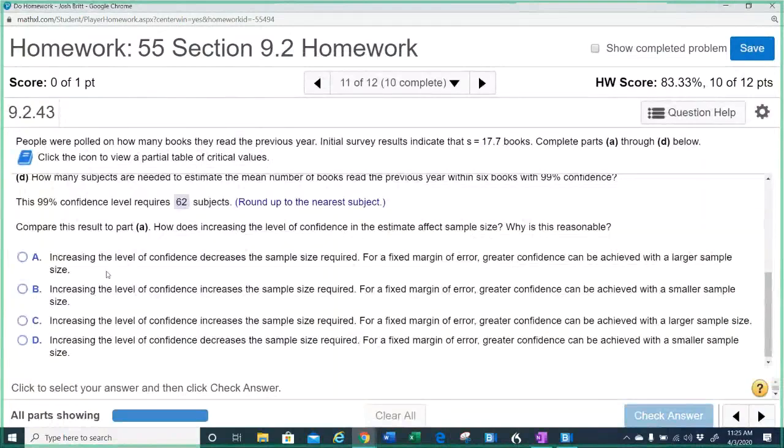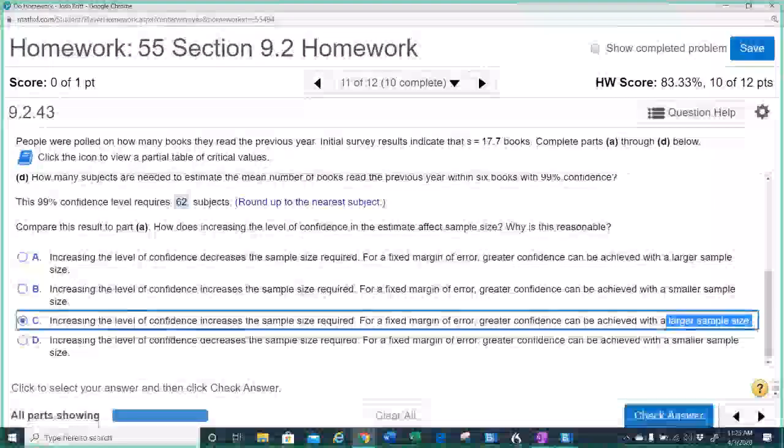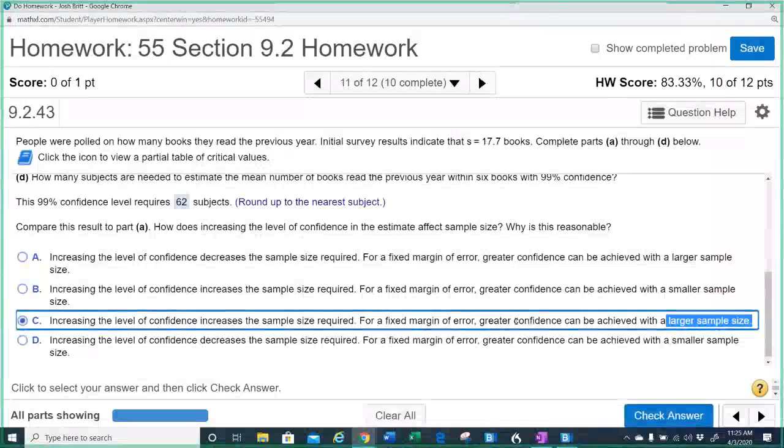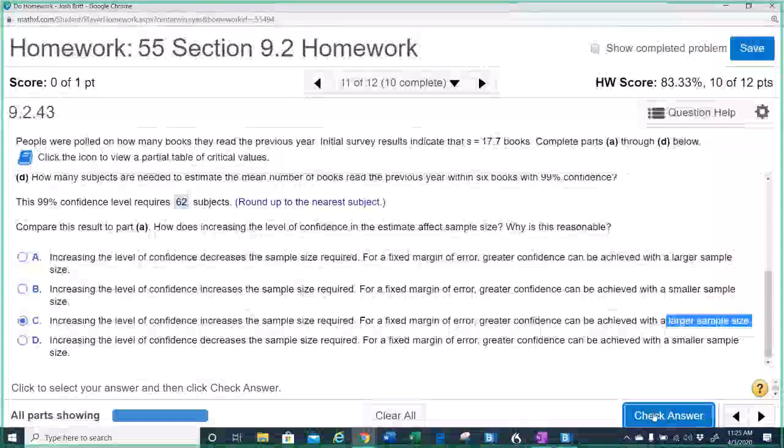Increasing level of confidence goes up, that means sample size goes up. So increasing level of confidence increases sample size. For a fixed margin of error, greater confidence can be achieved with a larger sample. That kind of makes common sense, right? If you're more confident, then you have more people in your sample. So that would be C.